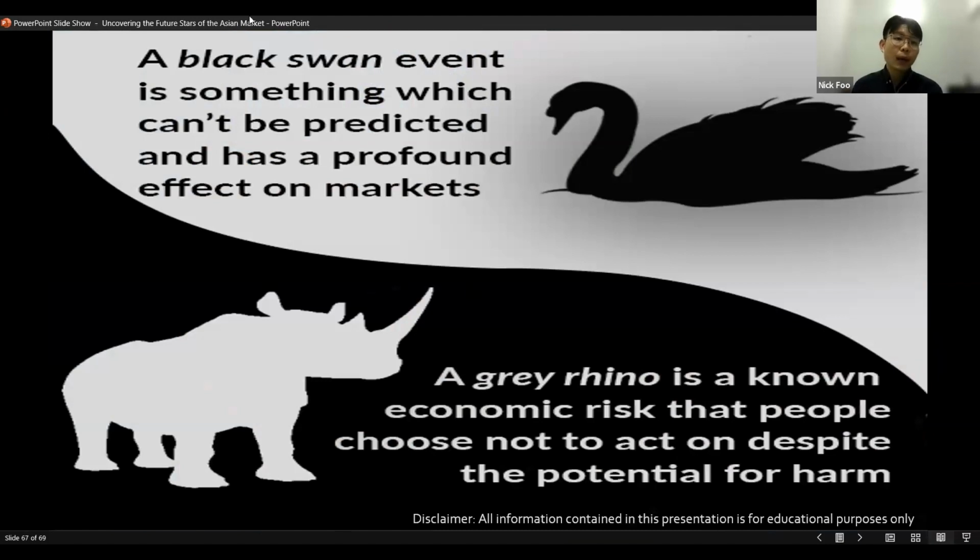Now we don't know whether there will be a black swan event in the near future, but we have to be cautious. So for the time being, your strategy will be short-term trading instead of long-term investment, because we don't know when the market is going to crash.